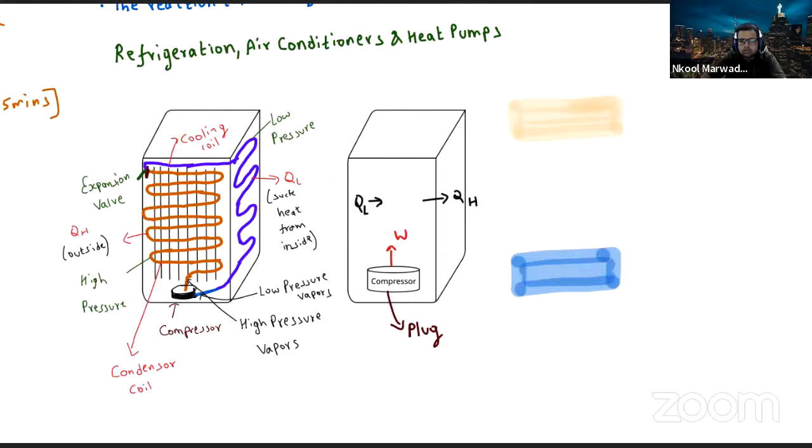This is TL, low temperature. And as we have already seen, heat energy is sucked from the system, this is the interior, and it is carried forward through these special pipes to the surrounding.